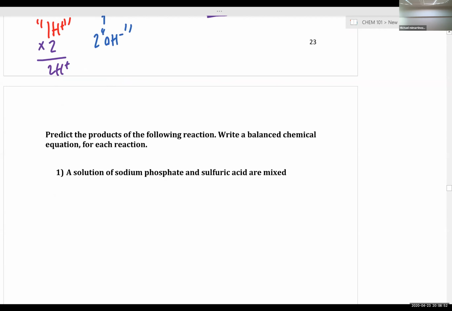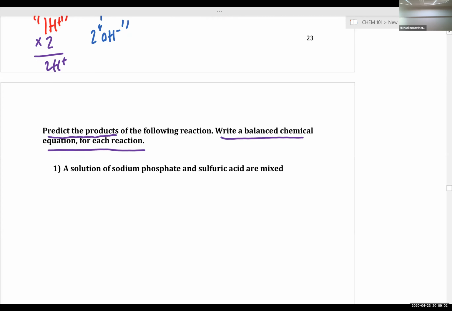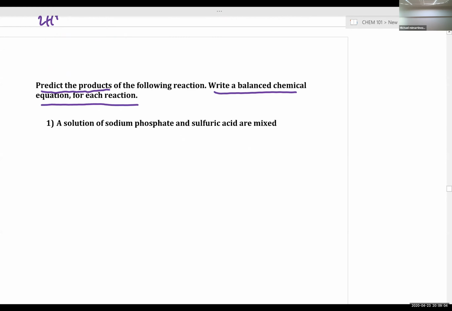So let's try a few exercises where we predict the products of the following reactions, and let's write a balanced chemical equation for each reaction. This is where we're going from words to an actual chemical equation. So we have a solution of sodium phosphate and sulfuric acid that are mixed, okay? Let's write out our formulas first and foremost.